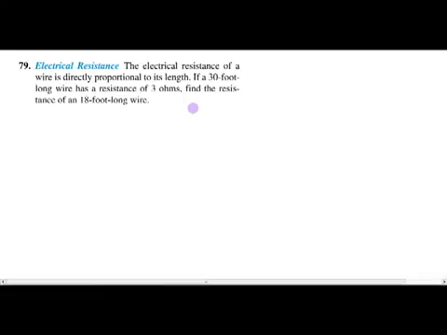We have to assign those variables to the different properties in a problem. So let's call R our resistance, and let's call L our length of the wire.